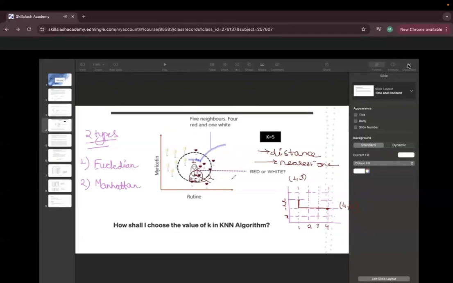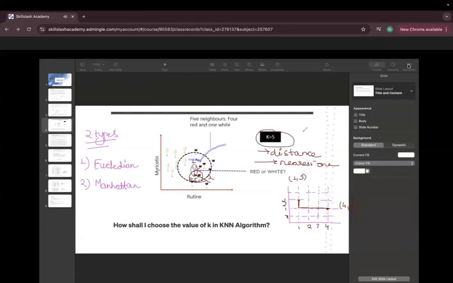Now you will ask me the question, how many nearest glasses, right? If I pick 0.5, it is near. If I pick 1, it is also near. If I pick 2, it is going to be near as well. The question that arises here is, how many near glasses to find? That is nothing but the value of k.